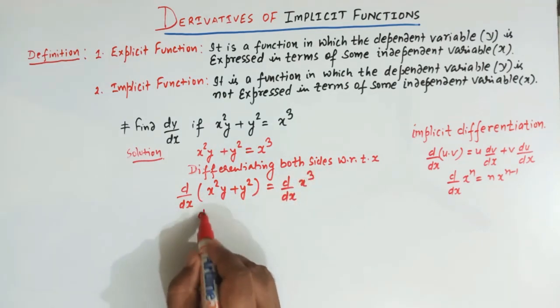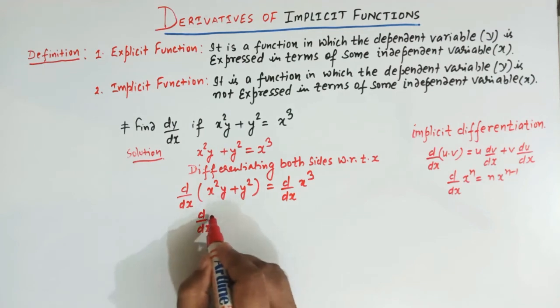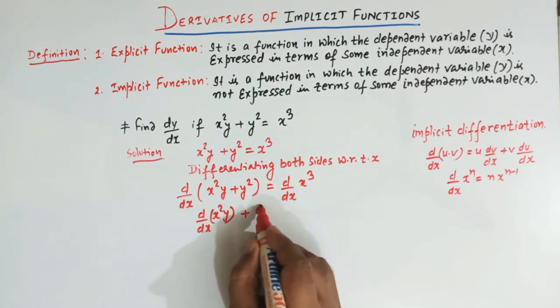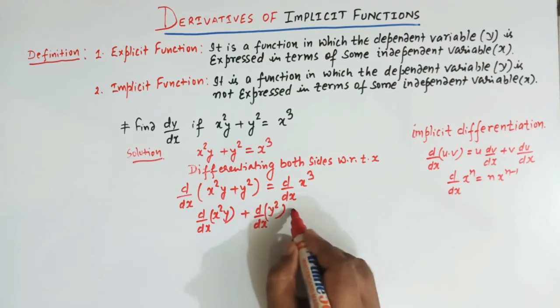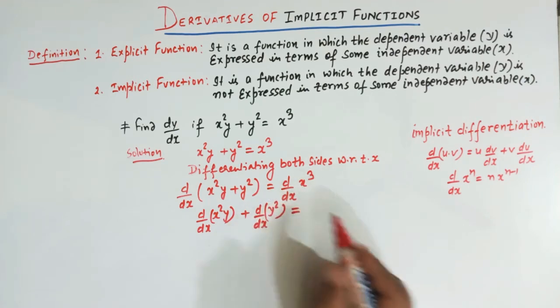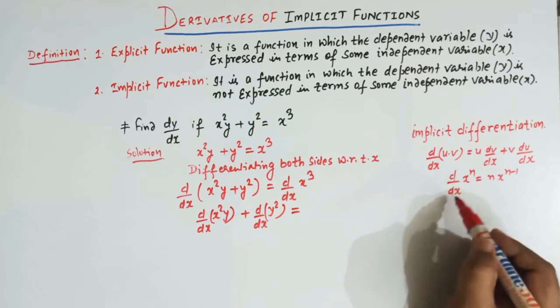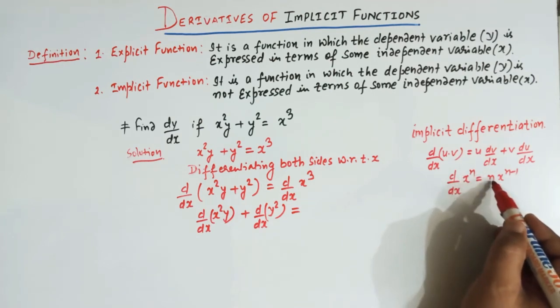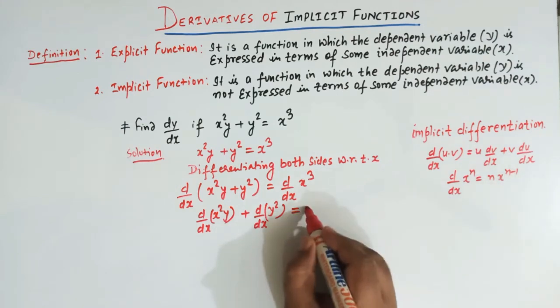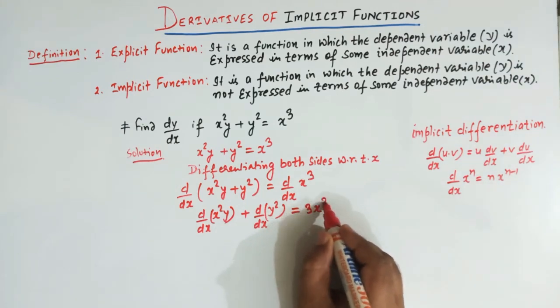Now here we have the derivative of x square times y plus the derivative of y square, and then we'll apply this rule, that is the derivative of x raised to n is nx raised to n minus 1, so here we have 3x square.